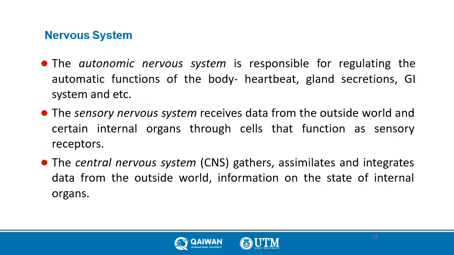The nervous system. The autonomic nervous system is responsible for regulating the autonomic functions of the body, like heart beating, blood secretion, GI system, etc. The sensory nervous system receives data from the outside world and certain internal organs through cells that function as sensory receptors.